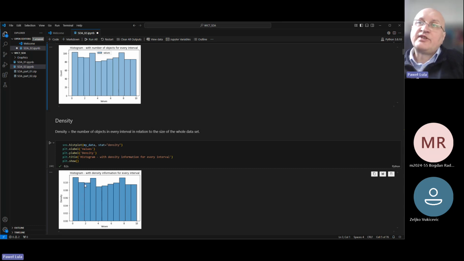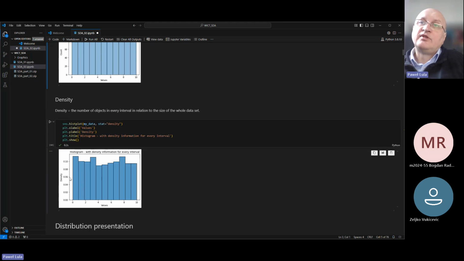But this histogram with density values has a very interesting feature. We can sum up all these values, which are represented by every bar, by every rectangle in this plot, and the sum of all of them is always equal to 1.